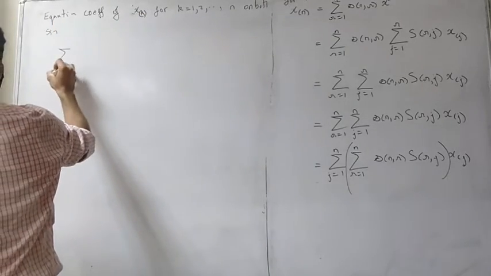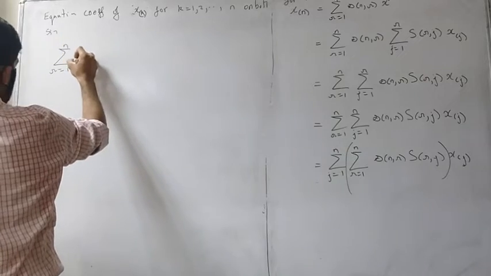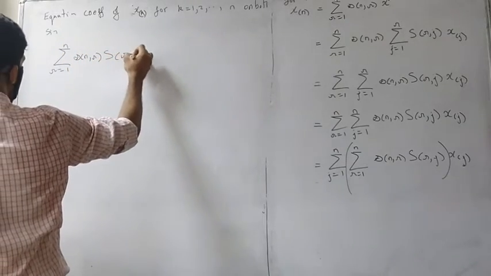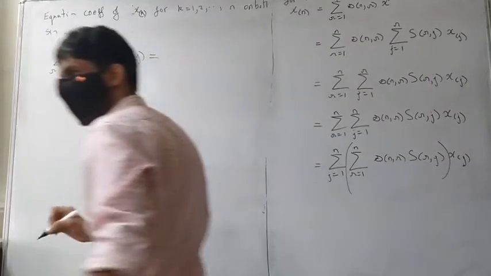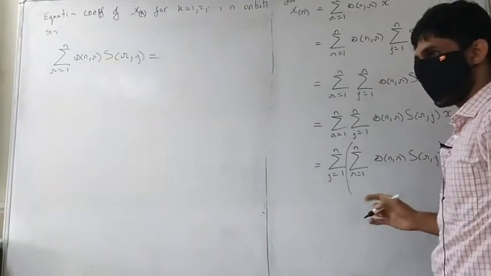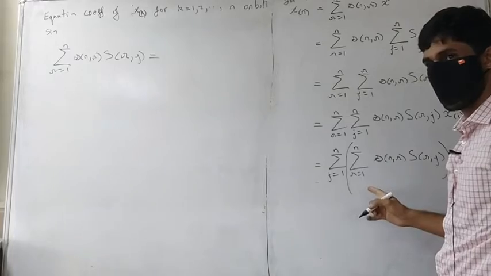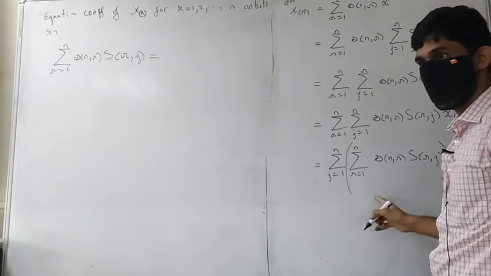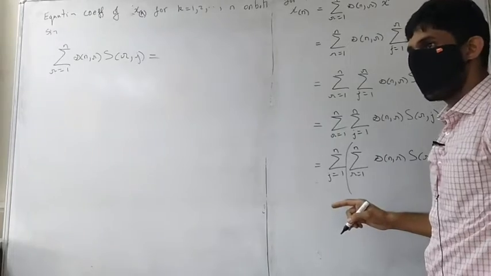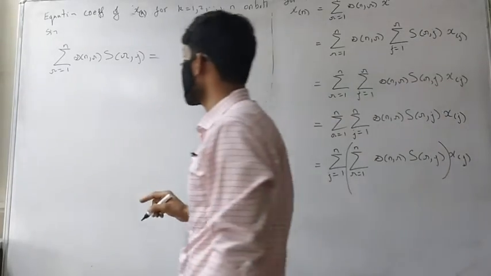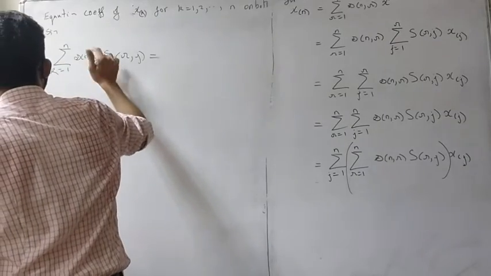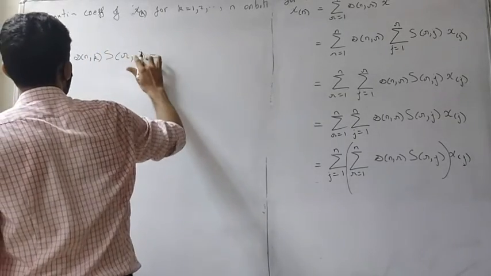Summation r going from 1 to n, small s n comma r, capital S r comma j. What will this be? What is this going to give us? Equating the coefficients, what will this be? This would be k, right?